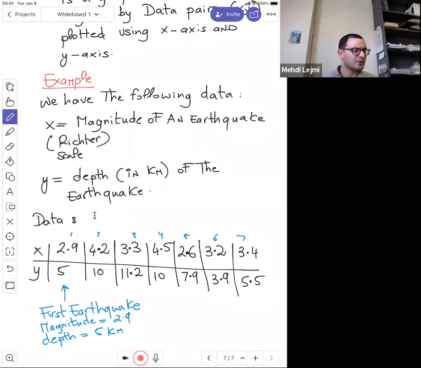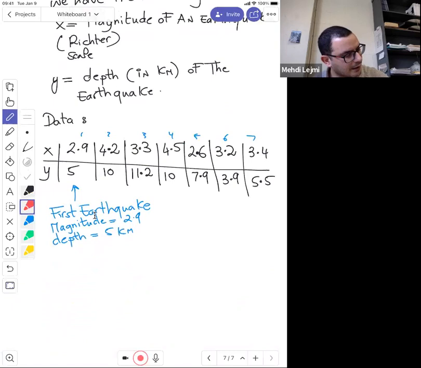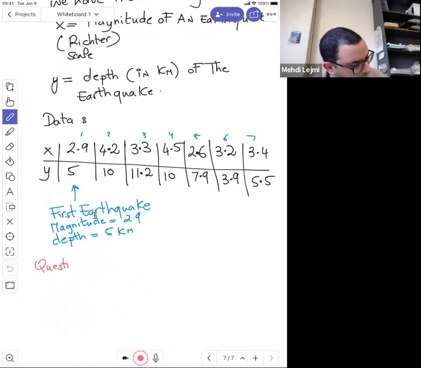Does this make sense to you guys? So the question here is, we are trying to see if there is any relation or correspondence, or any relationship or connection between the magnitude and the depth of the earthquake.